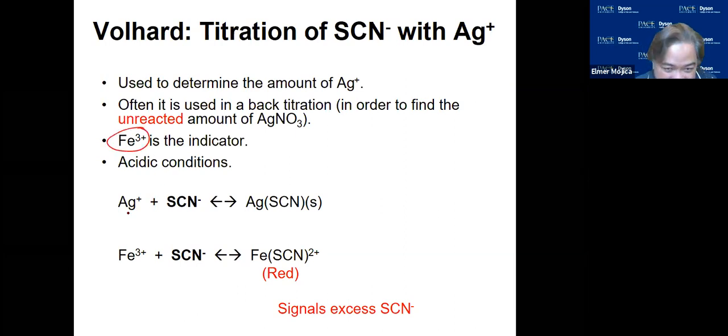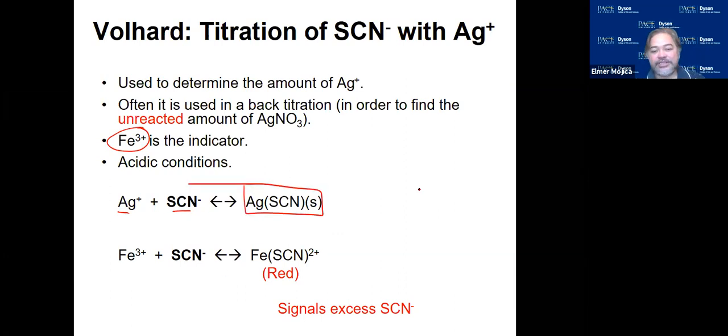This is the reaction that you have. When they react, they form a solid. Once the silver is gone and you still have SCN minus and the presence of Fe3+, what will happen? Since there are no more silver ions to react with SCN minus, your SCN minus will react with the Fe3+.